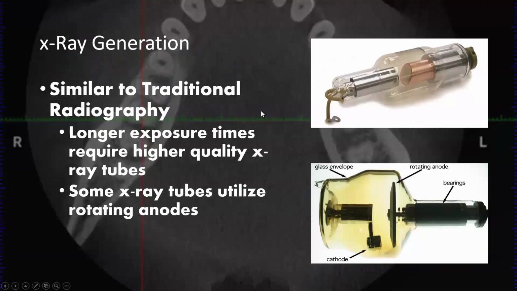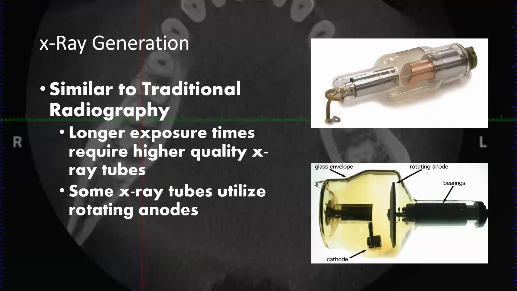But X-ray generation is really similar to traditional radiography, but these do have longer exposure times, so they require higher quality X-ray tubes. Some X-ray tubes utilize rotating anodes. Why would you want a rotating anode? That's going to be more common in MDCT because they require such a higher milliamperage. The drawback of having a small focal spot is the potential to melt the tungsten.